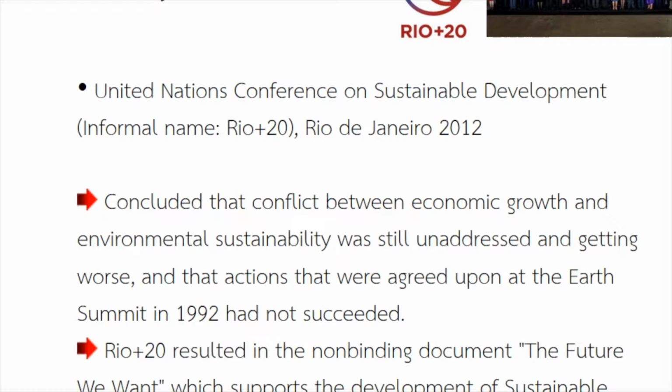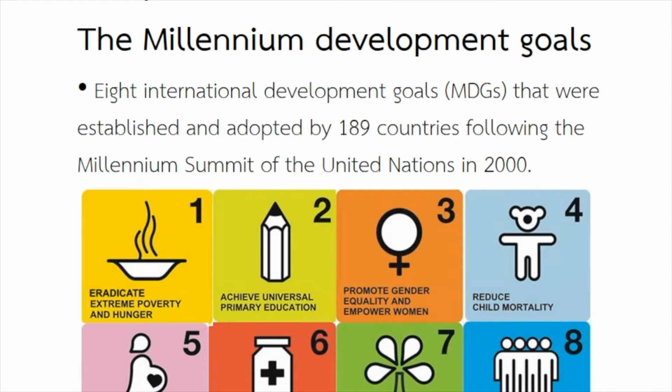They found that there were still ongoing and unresolved problems like climate change, an ongoing loss of biodiversity, and many other environmental problems. In order to address these remaining environmental problems, Rio Plus 20 resulted in the non-binding document The Future We Want, which supports the development of Sustainable Development Goals.